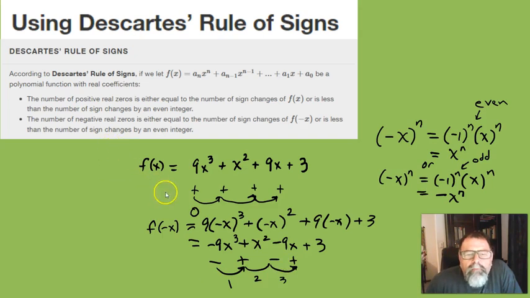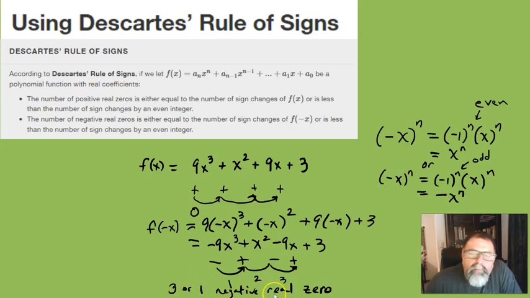So f of x has up to 3 negative real zeros, or 3 or 1 negative real zero. Okay, so that's how we use it. And there's 0 positive ones, so don't waste your time looking for positive ones. There's a possibility there's at least 1 negative.